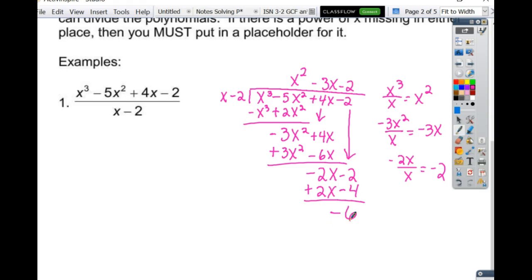Negative times a negative is a positive, so when I subtract, so watch. This is my remainder. So let me show you how you're going to write it. This is your answer.